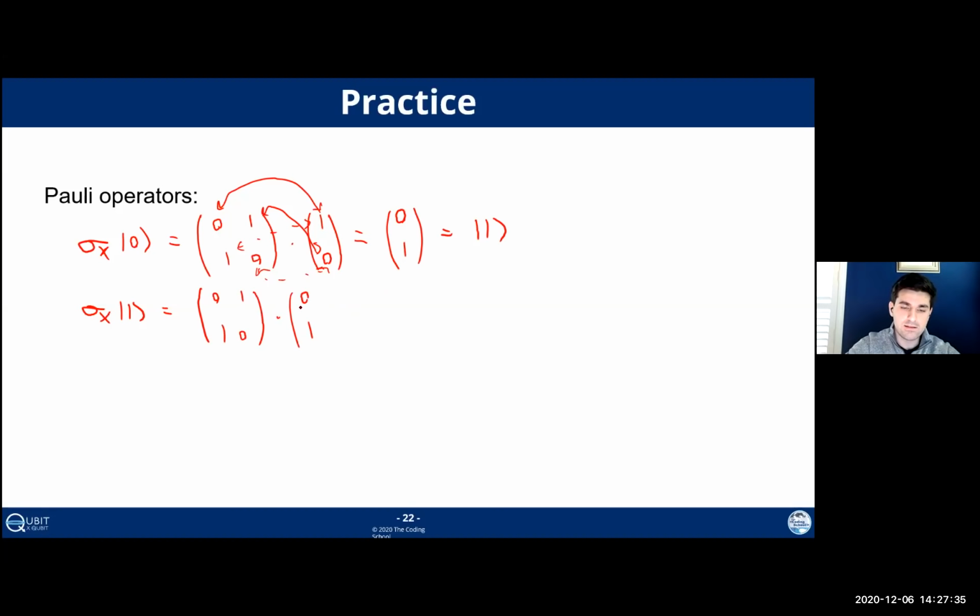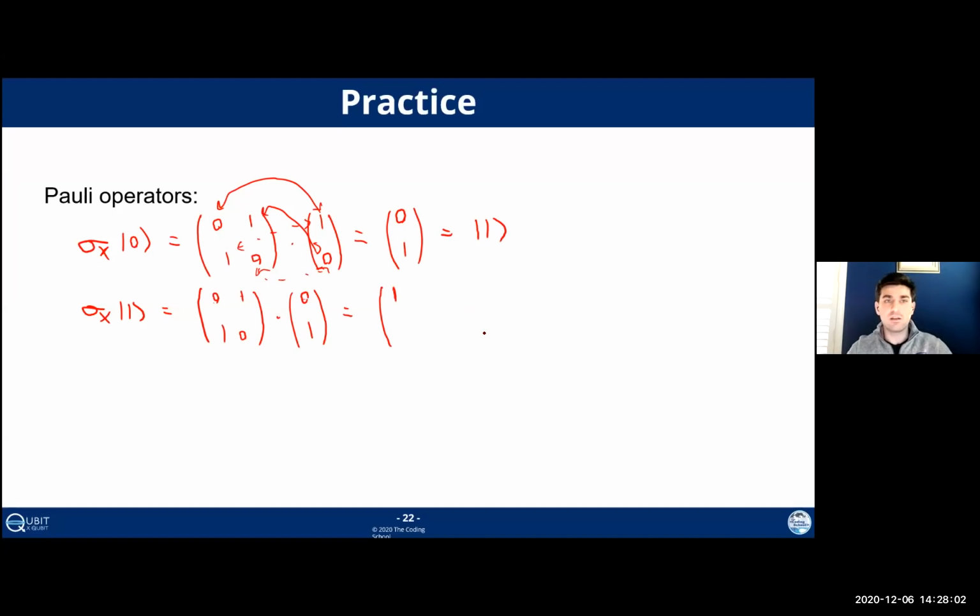In this case, the first entry, we have 0 times 0 plus 1 times 1. So I get a 1 on the first entry of the result. And for the second entry, I have 0 times 1 plus 1 times 0, which is 0. So the resulting column vector is 1, 0. And that is, if you remember, the 0 state.